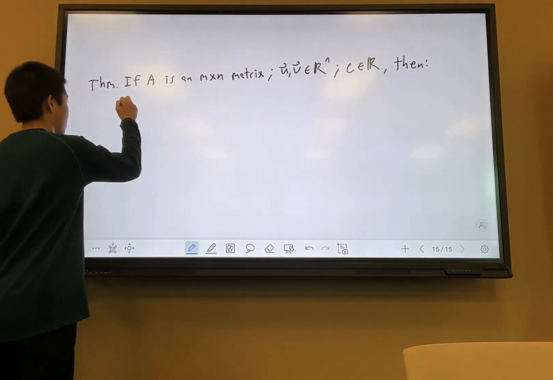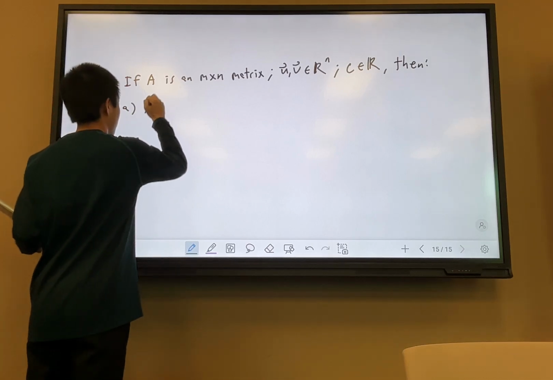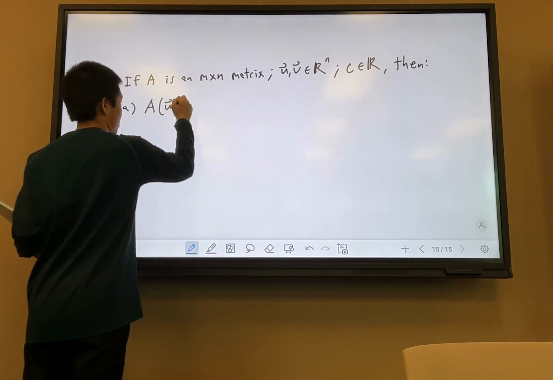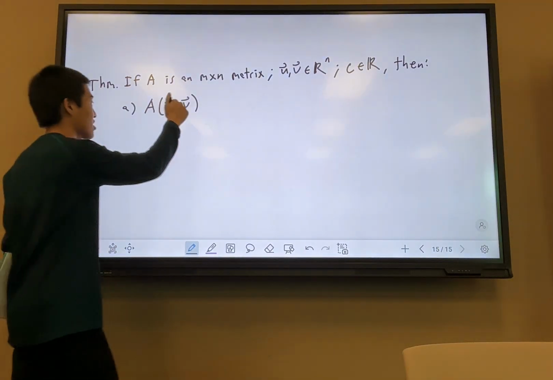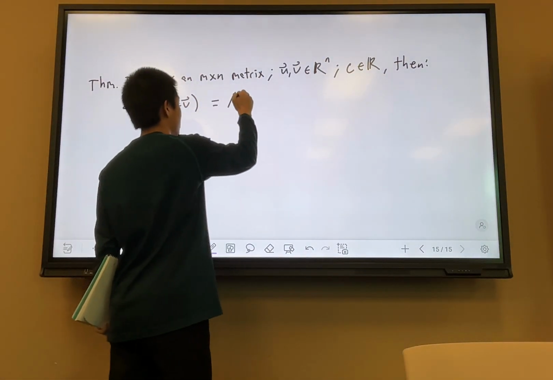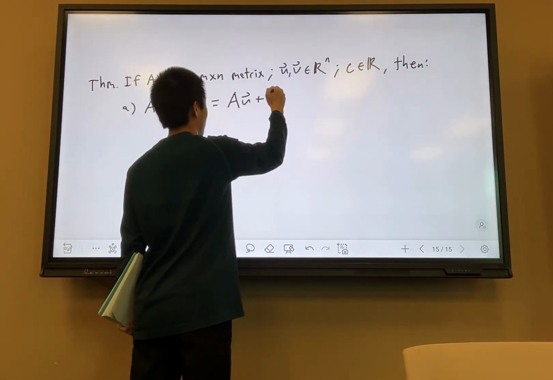The first is that there's distribution. If I am trying to compute a matrix times a sum of vectors, I can distribute that through. I can just do each of those individually if need be.